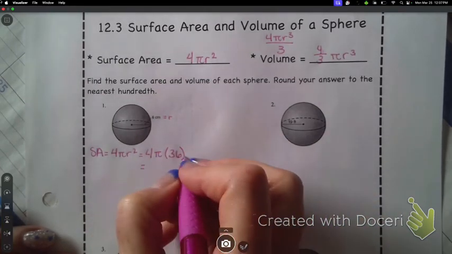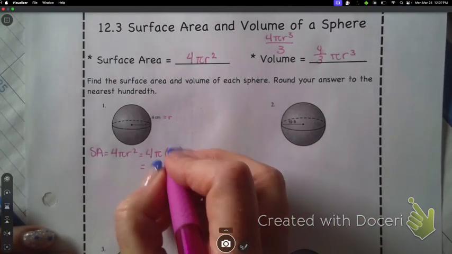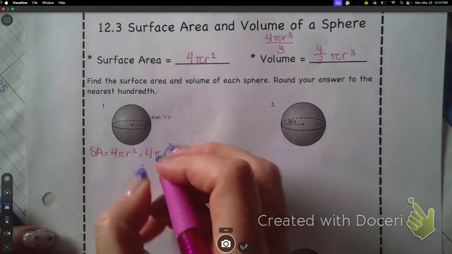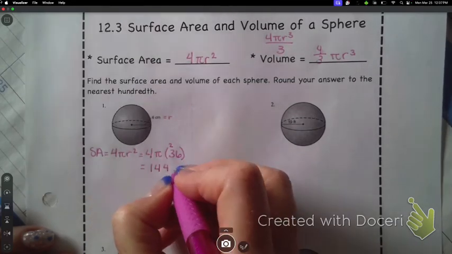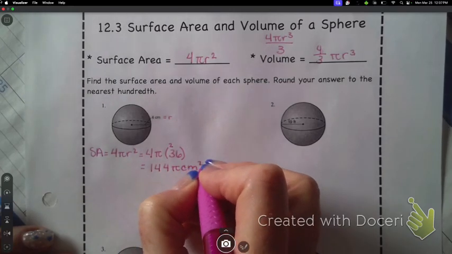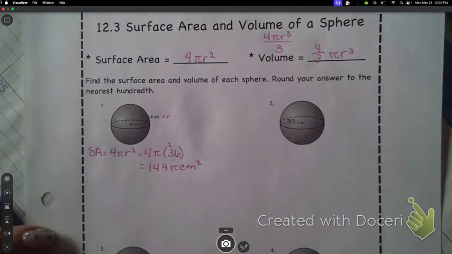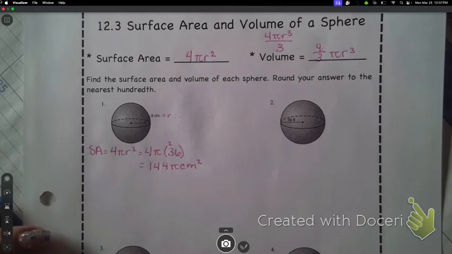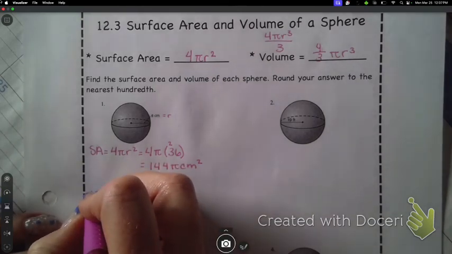So 4 times 6 is 24. Carry a 2. 12 plus 2 is 144 pi centimeters squared. But if we're working backwards, oh, never mind. We're finding surface area.